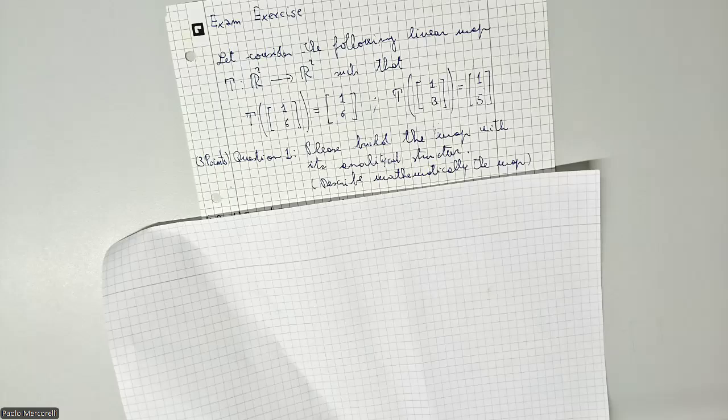Exam exercise. Let's consider the following linear map. T indicates the transformation. I don't know if you remember, the linear map is a transformation. The linear map is a function, and linear is very important.